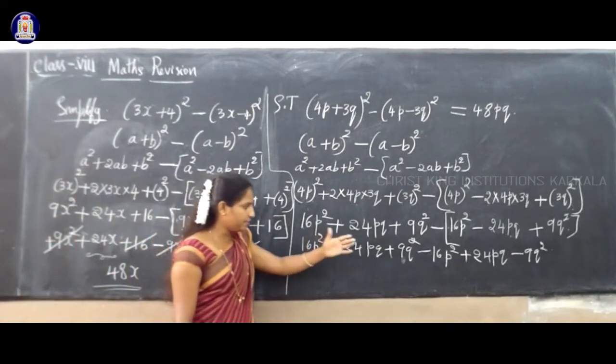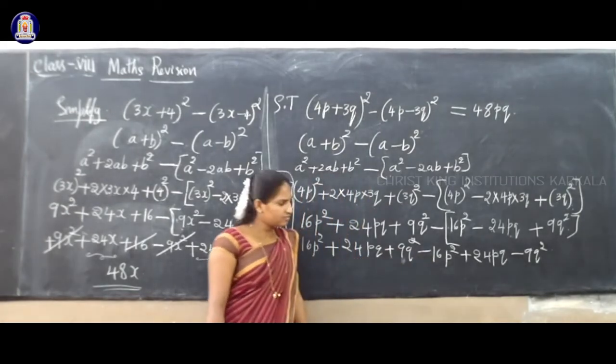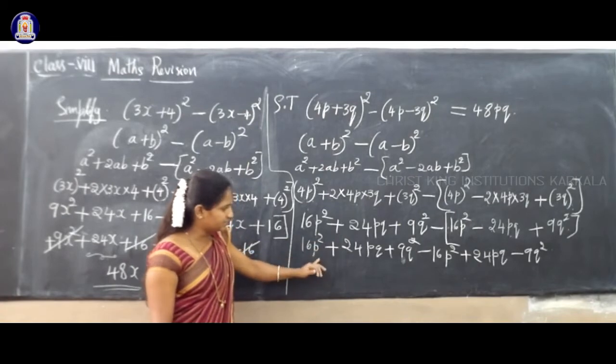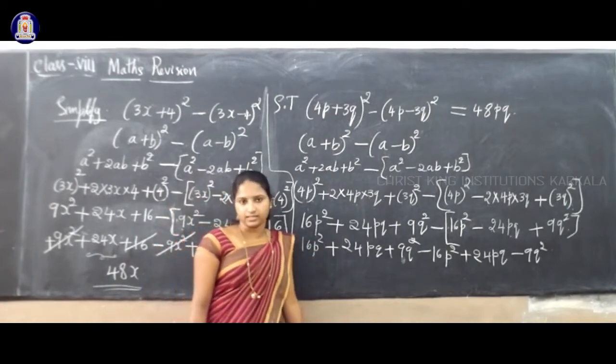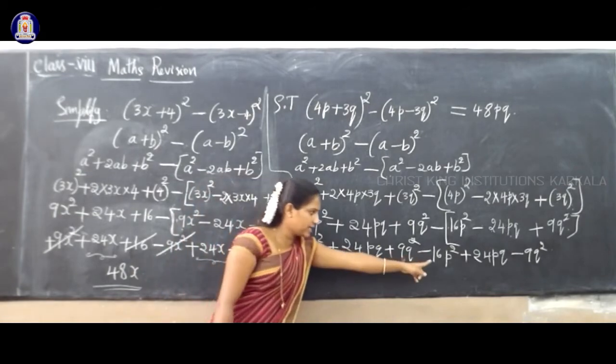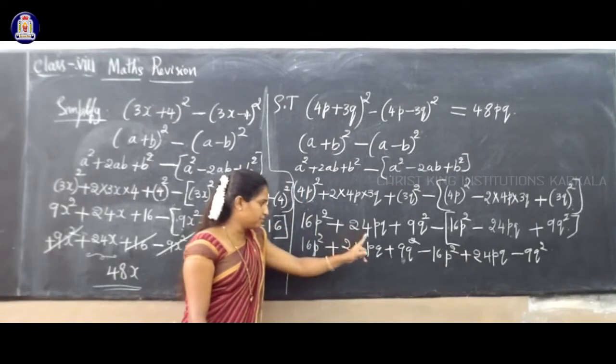So now just simplify these terms. Plus 16p square and minus 16p square. Is it correct? See, these are like terms. So only like terms we can add or subtract, isn't it? So here p square, and here also we can see the variable p square, correct? So we can simplify this.